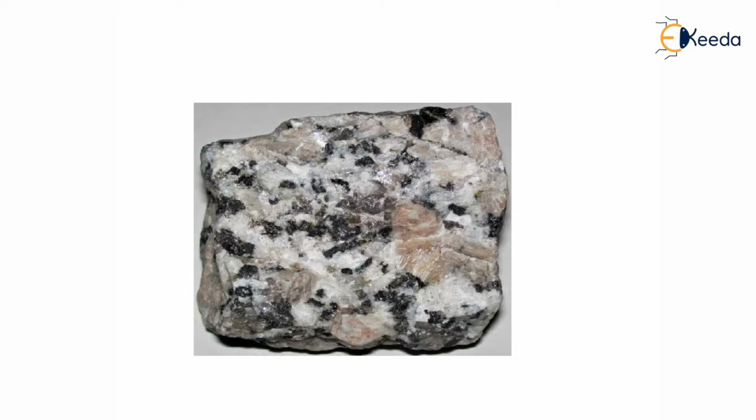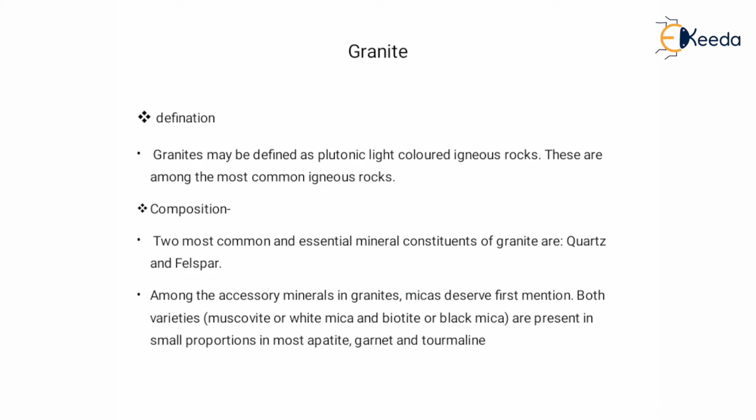Sometimes granite appears in a porphyritic texture, with large grains embedded in the groundmass, or sometimes in an equigranular texture. So one rock appears in different textures, but the composition doesn't change. Granite may be defined as a plutonic, light colored igneous rock.